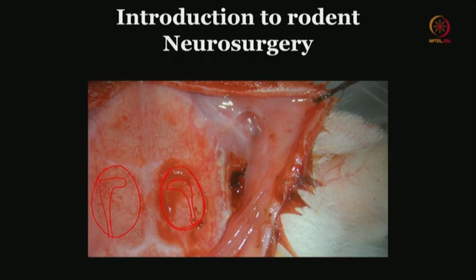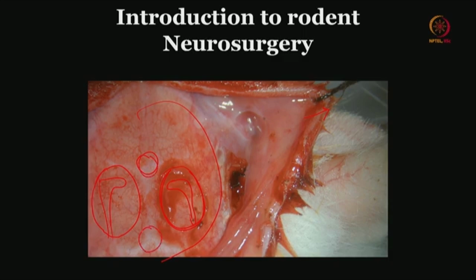So, from here onwards I will deal with the neurosurgical aspect as to how we are going to do the neurosurgery in rodents. Here you can see the scalp layer has been reflected, and that is how the skull bone would look like, and this is exactly how the bregma would look like, and that is how the lambda would look like.